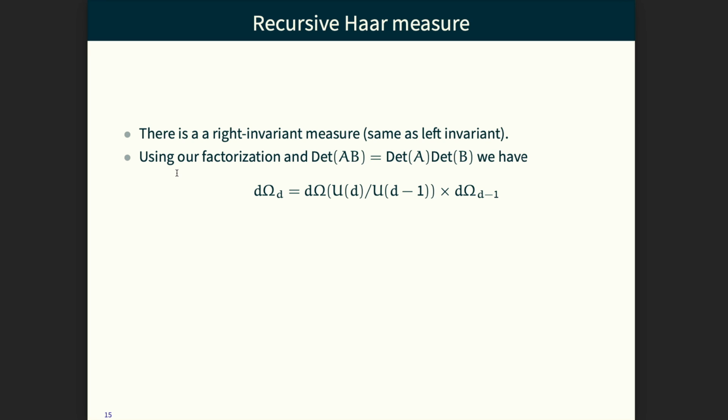So I have the determinant of A times B, where B is the part with all the blocks on the right, and the determinant factors. So this measure breaks up into a part that I already know, the D minus 1, and then a part that I don't quite know. Well, it turns out that the part I don't quite know, I actually already know quite a bit about.